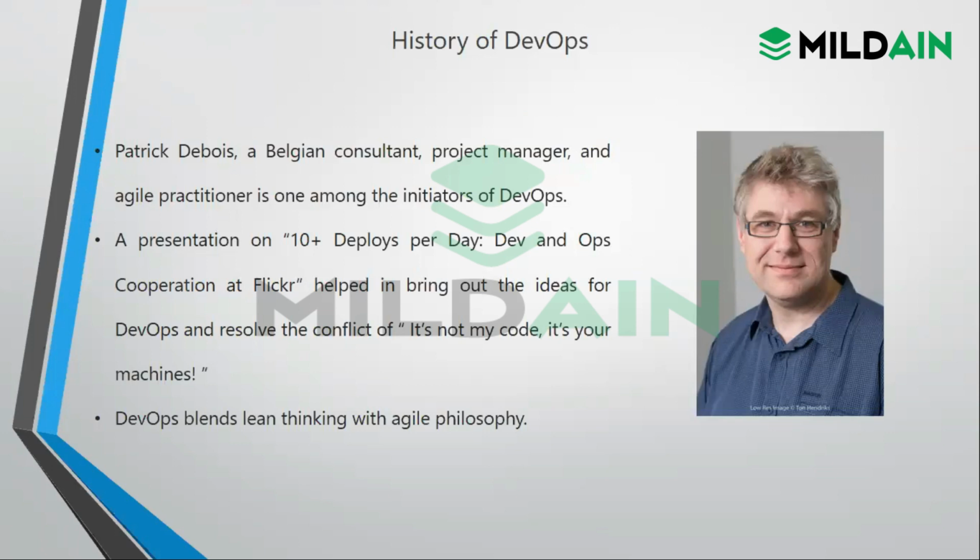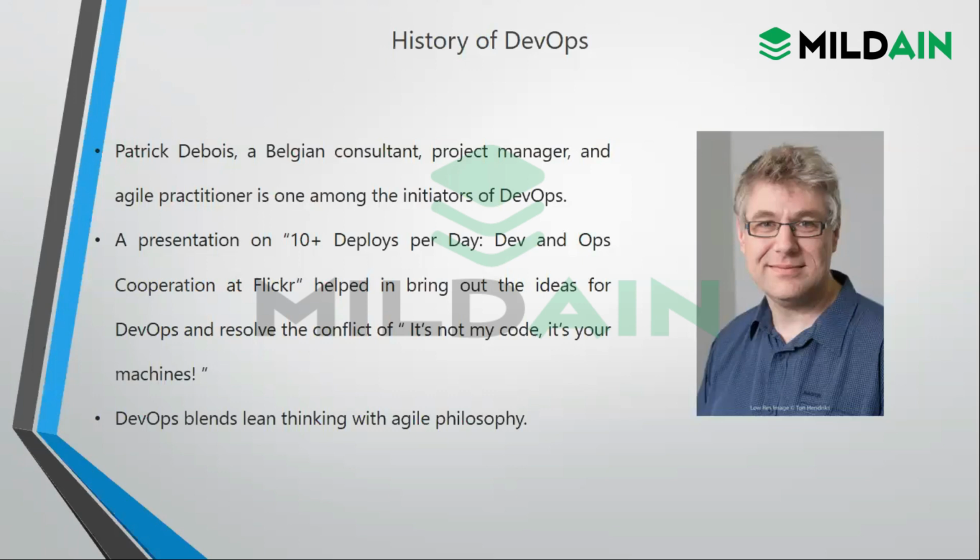So he thought of a process: why not collaborate dev and ops, and then it will be beneficial for us. So that's why it blends lean thinking and the agile philosophy.